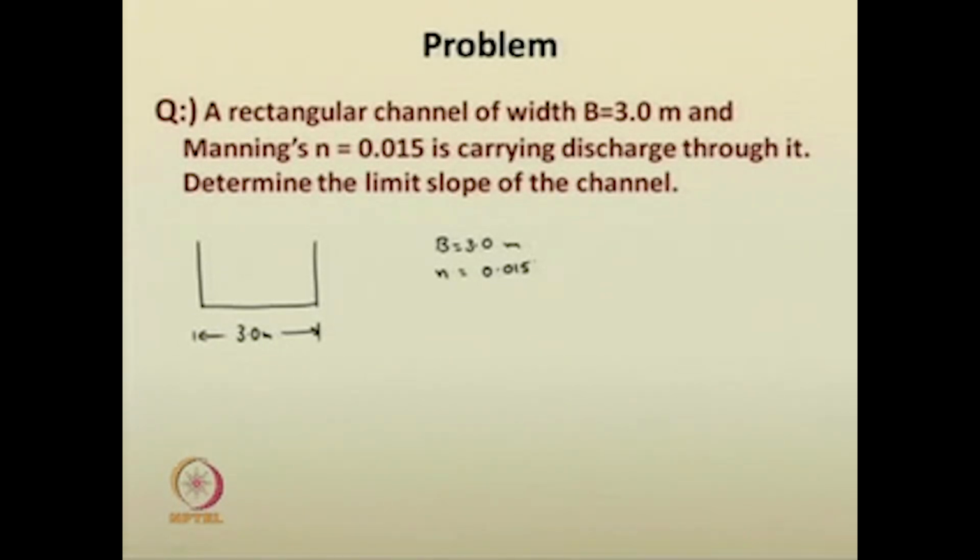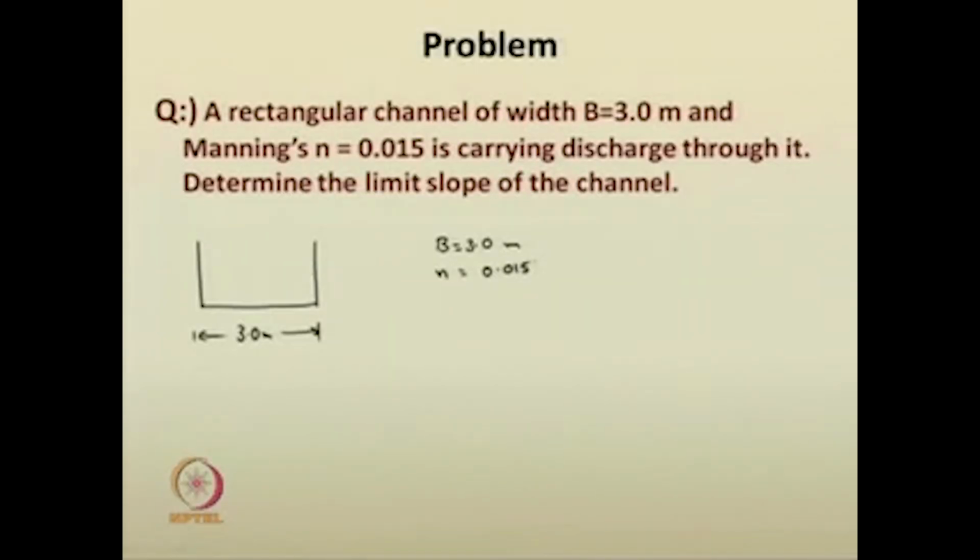So, you know that limit slope, it is a critical slope. Critical slope means both the normal discharge as well as the critical discharge are same in such type of conditions. So, what is the minimum possible slope for this particular rectangular channel in which such a condition exists, that you have to determine.